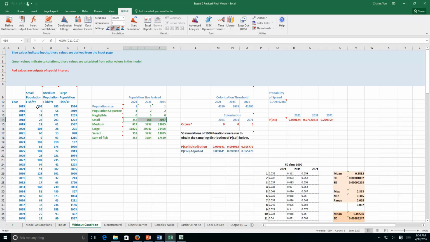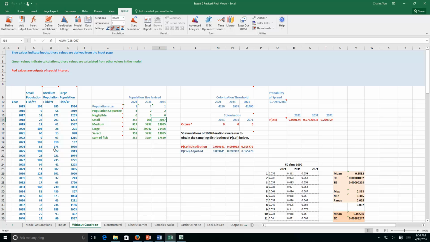From 2015 to 2021, if you count those number of fish, that totals 352. From 2022 through 2031, that number of fish is 768. And from 2032 through the end, that number of fish is 2087.